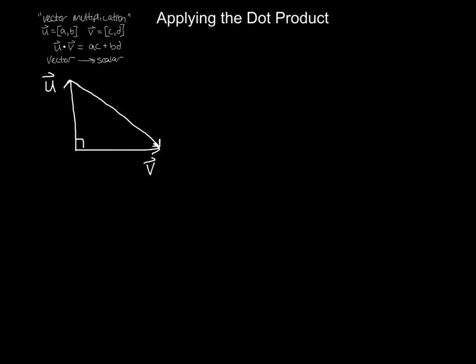I'll do it in red: if we take that v vector and move it up here, remember we're allowed to move vectors around as long as we don't change their direction or their magnitude. So it's in red, but it's still just a v vector. We started right here, and we added a v vector.